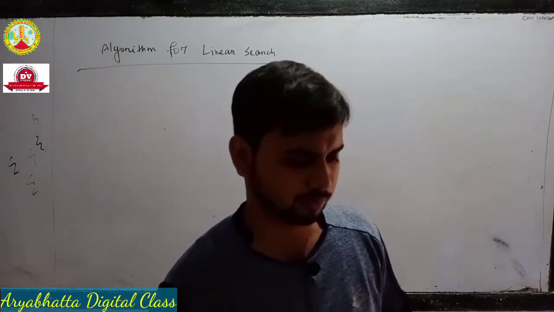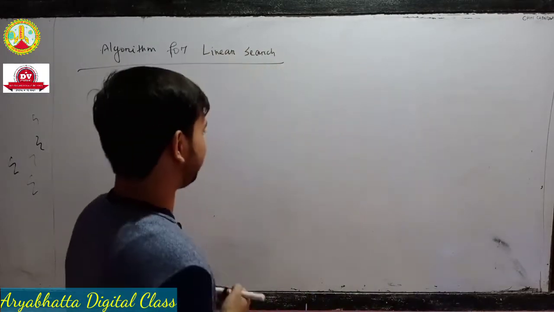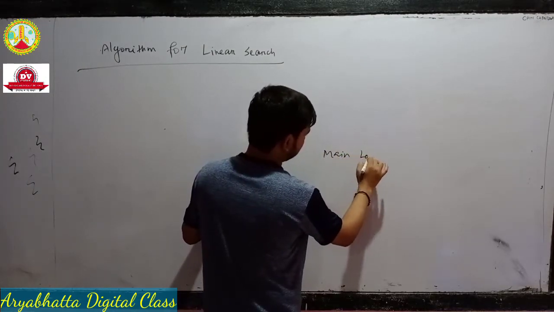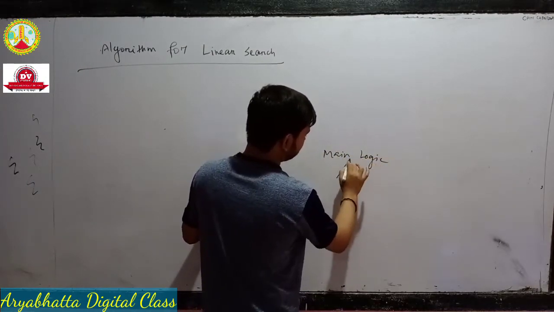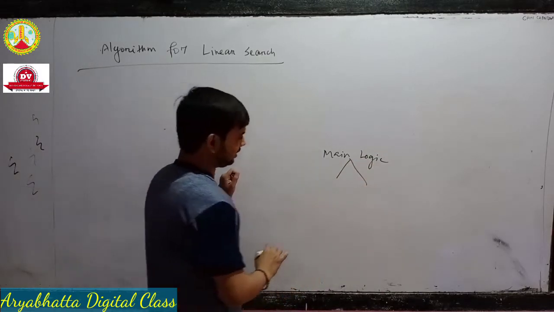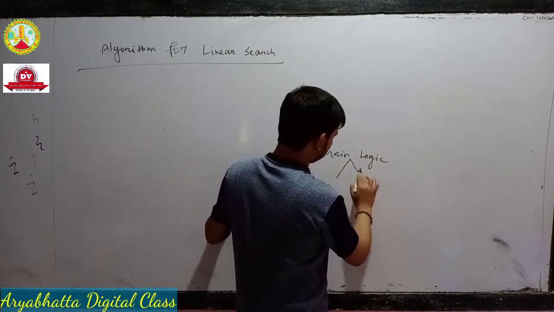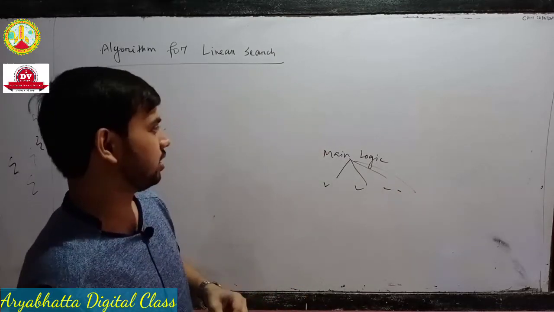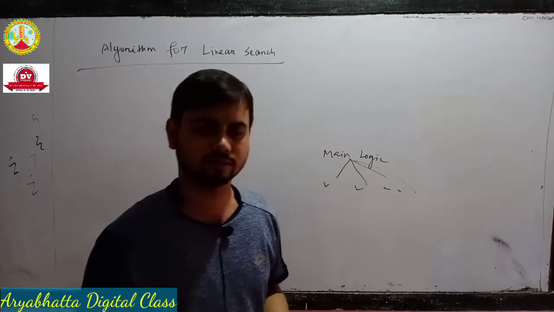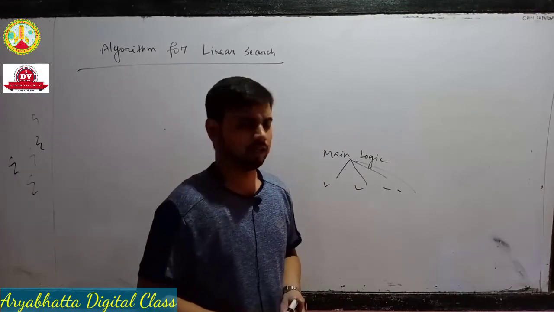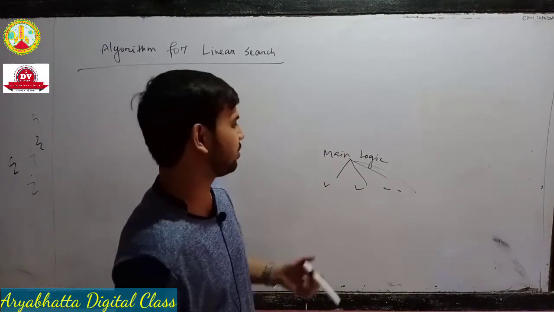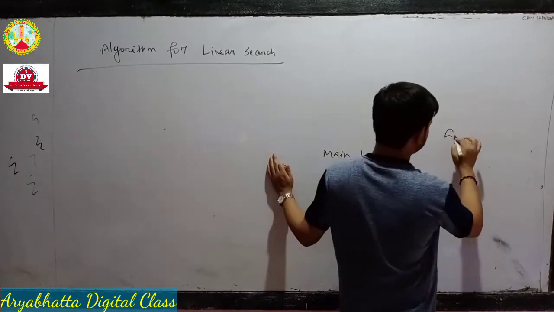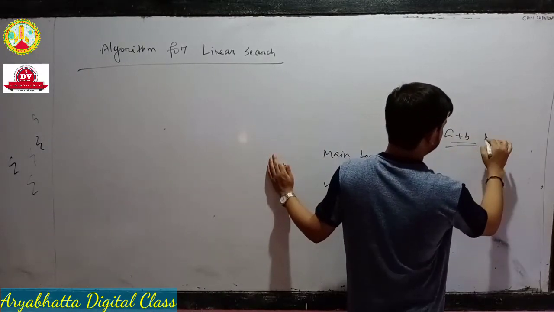Suppose when we define an algorithm, we define the main logic, and with the use of this logic we can write many programs, 1, 2, 3, 4, many programs. Like mathematics, where one problem can be done in many ways. Like the addition program, A plus B in C++. This addition program can be done in many ways.